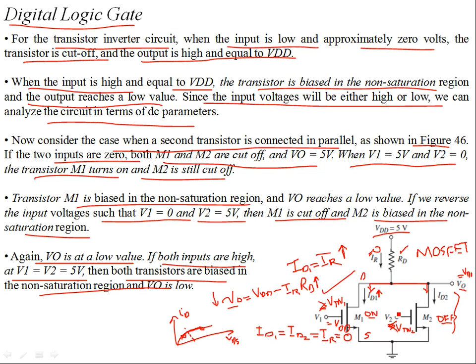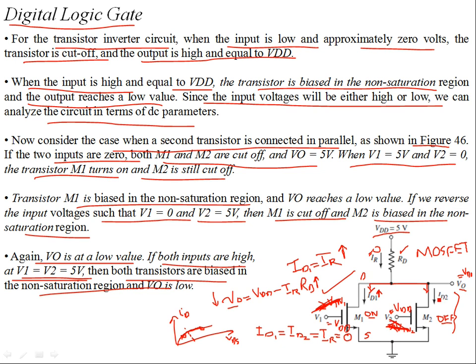Now if this is also turned on, let's say V2 is also VDD. Don't bother about VDN. Your inputs are high: V1 is VDD, V2 is VDD, that's 5 volts. Now the current requirement increases because the gate voltage is increasing.